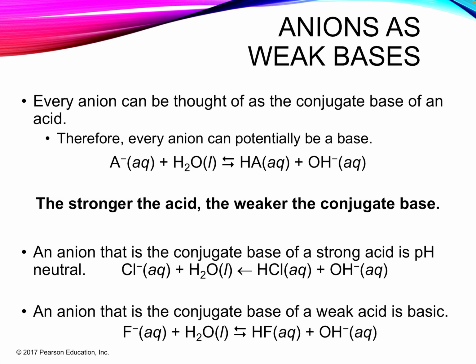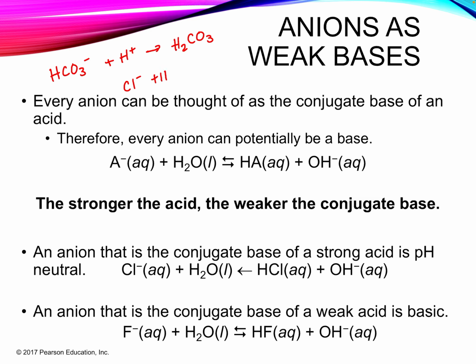So if we think of any anion, anything at all, you can think of that as a conjugate base of an acid. That's what I was talking about before. Like we had bicarbonate, and I said, let's see what acid that came from. If we add a hydrogen onto it, that came from carbonic acid. Or say we had chloride in solution.